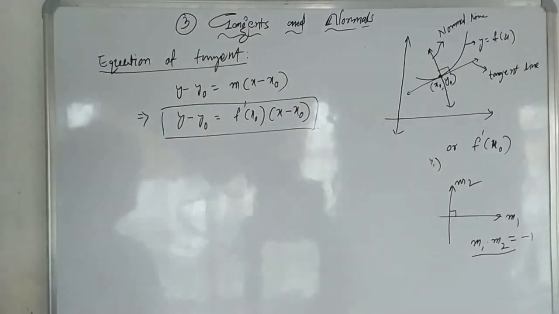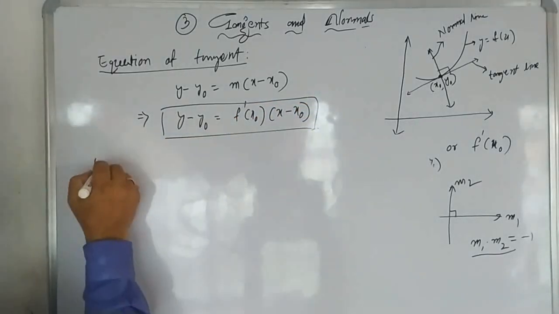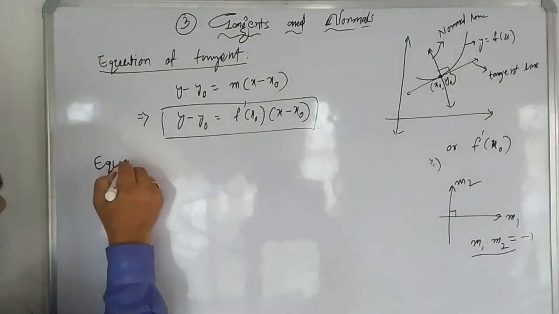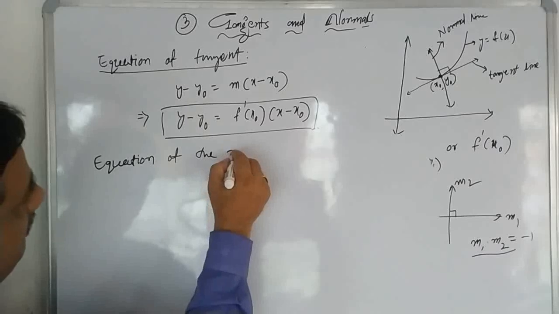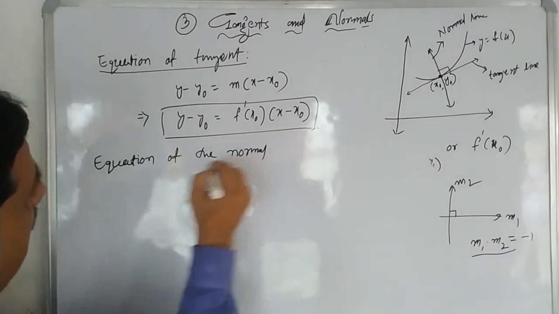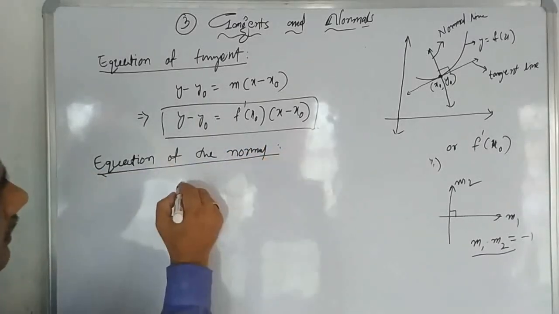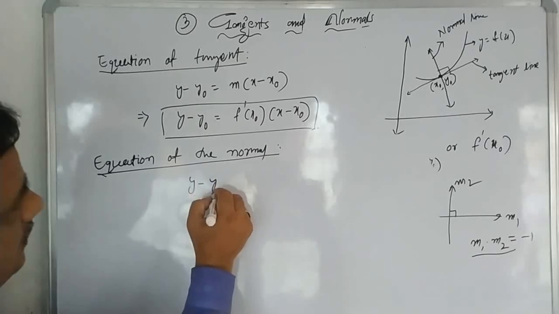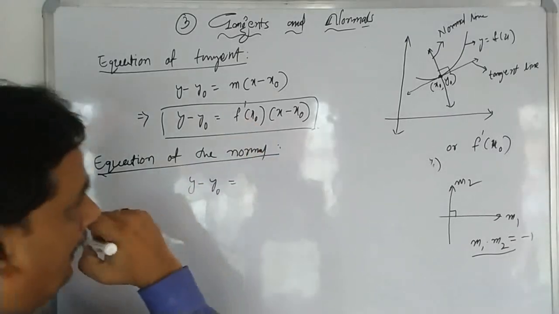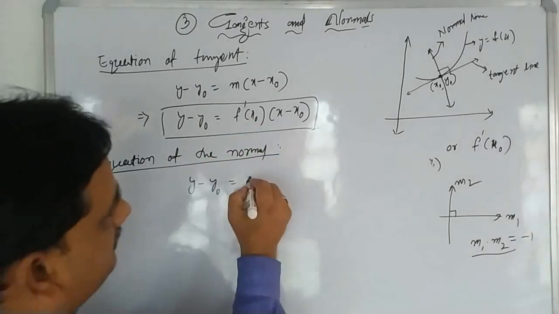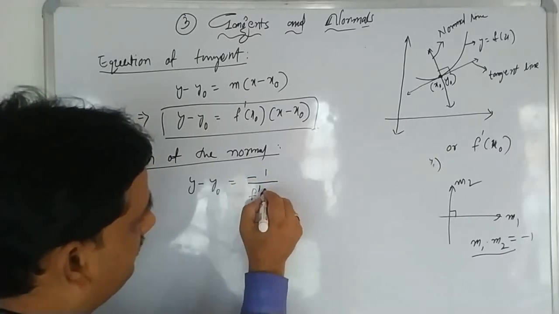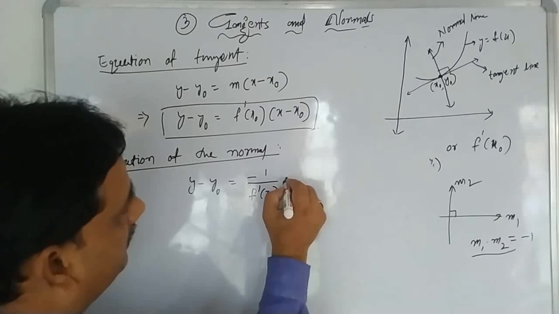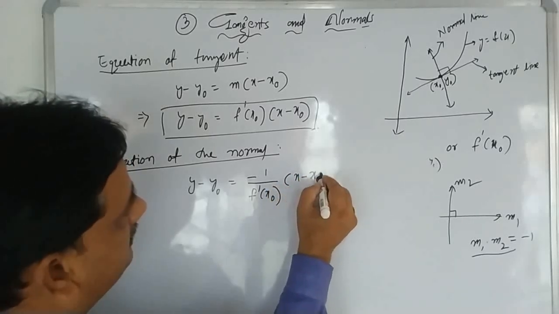Then equation of the normal. Same, y minus y0 is equal to minus 1 by f dash x0 into x minus x0.